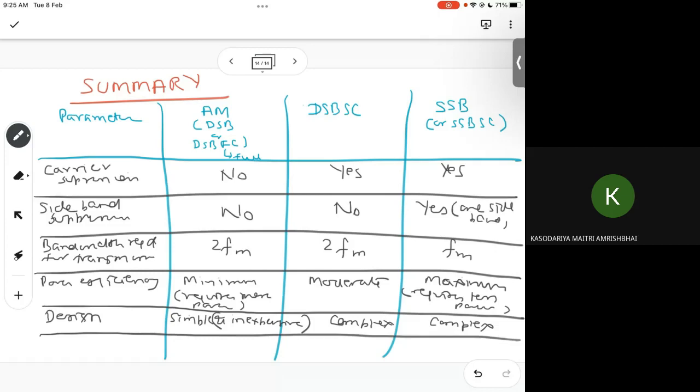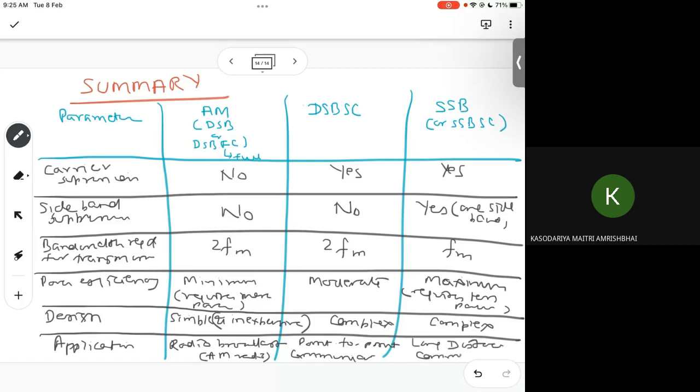And then we also have various applications. As I said, AM is used for radio broadcasting, AM radio, we know that. This is used typically for point-to-point communication. How, we'll understand later on. And this is sometimes used for long-distance communication.